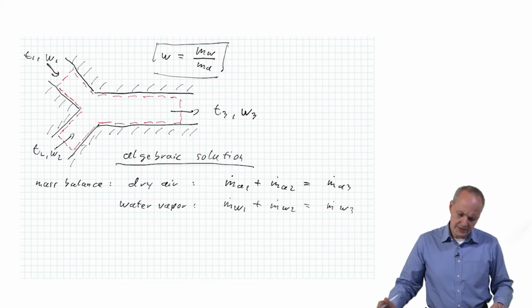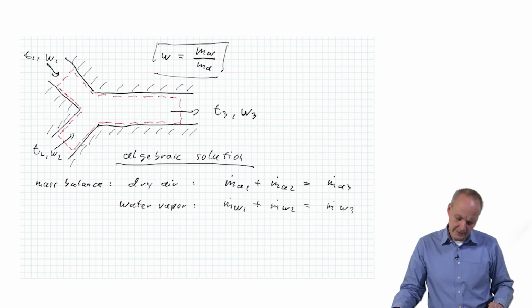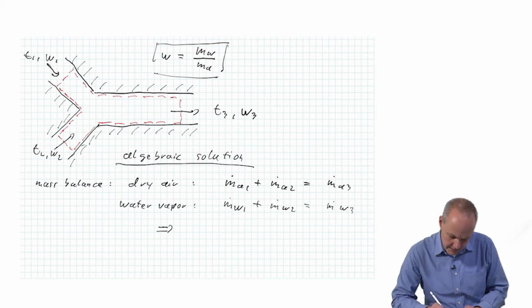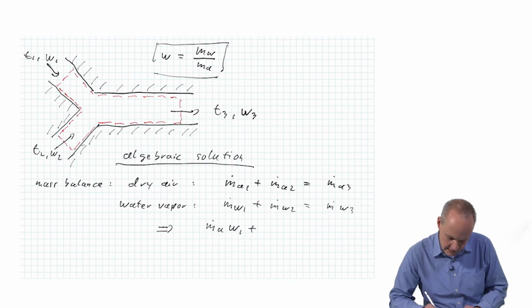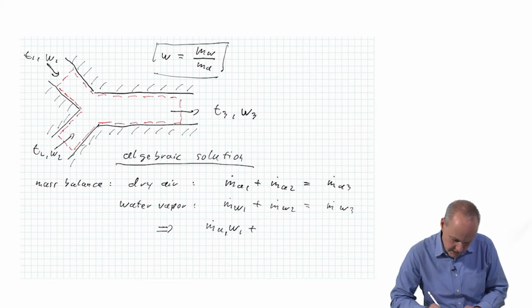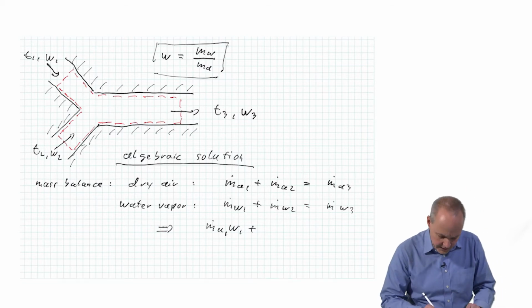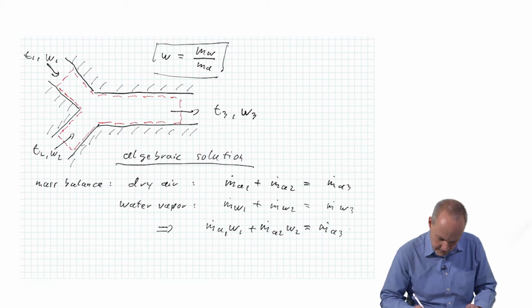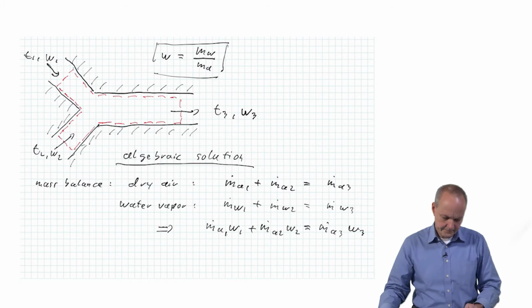Well, of course I can write this in terms of humidity ratios. Okay, so let me write it with the humidity ratio. Then this mass balance becomes m dot A1 times W1, and that's m dot A1 actually, plus m dot A2 W2 is equal to m dot A3 W3, okay?